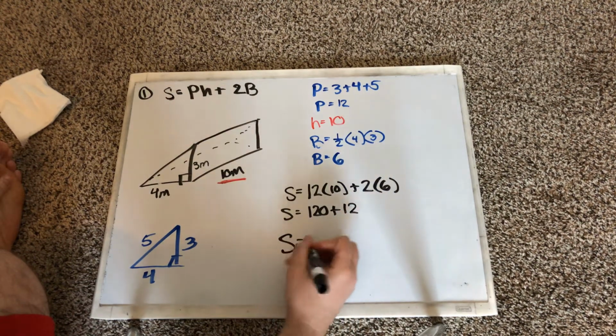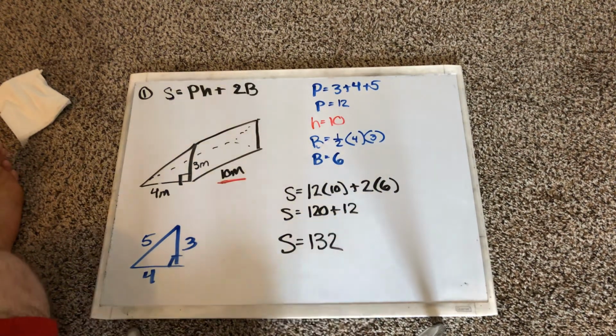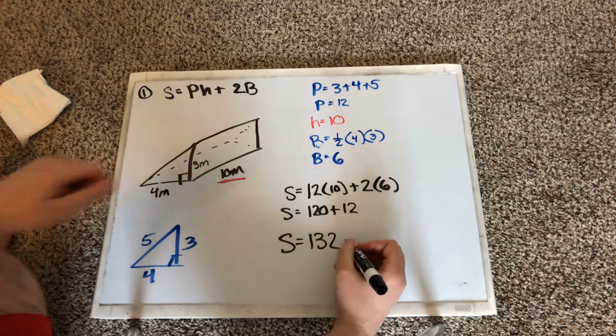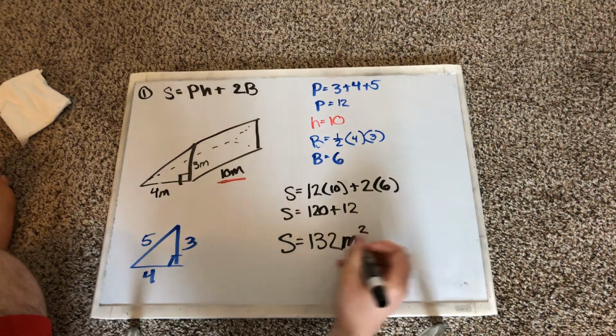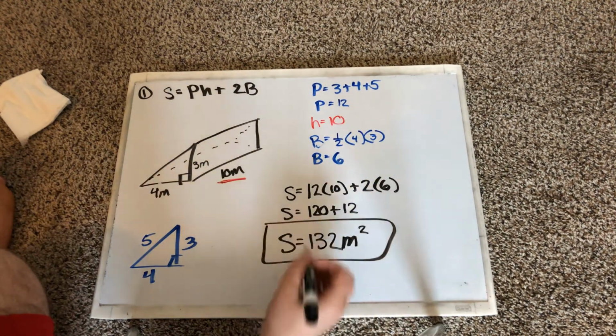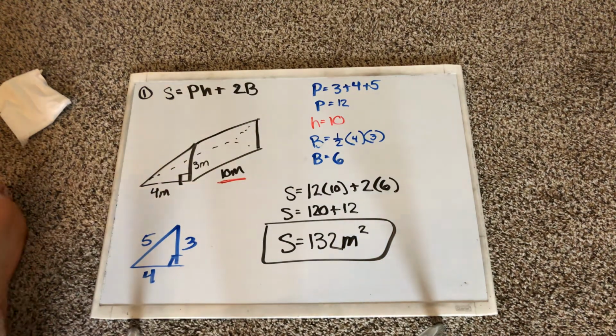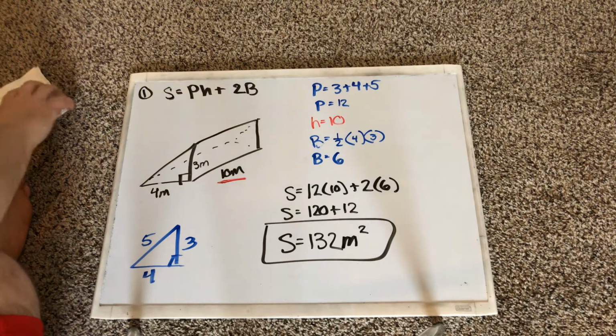So the surface area is 132, and we use units because this is surface area. Our unit was meters, and because it's dealing with area, squared. So the surface area of this triangular prism is 132 meters squared.